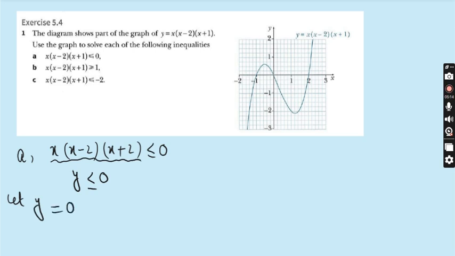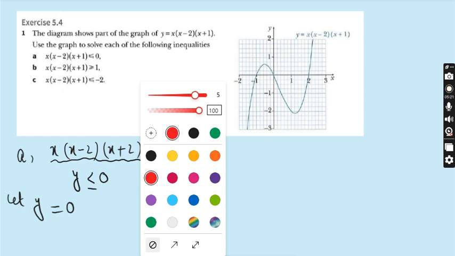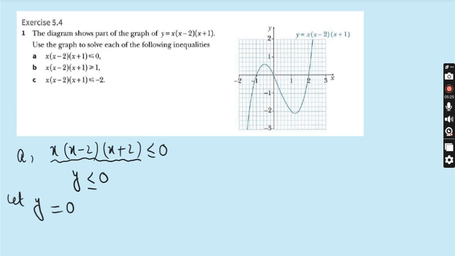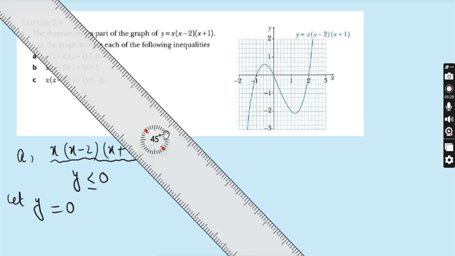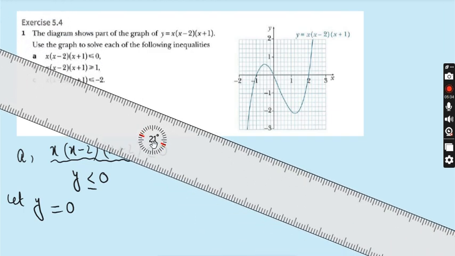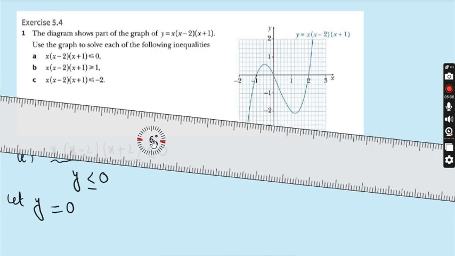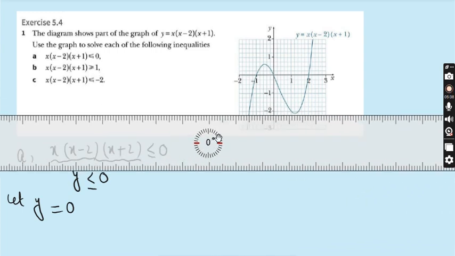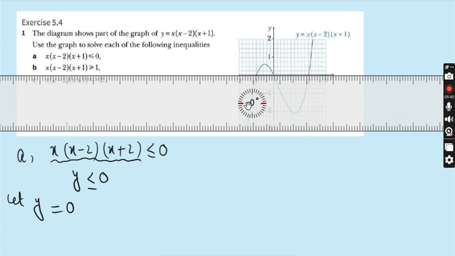Now let y equal 0. Draw the line y equals 0 in your graph. You know, the line y equals 0 means the x-axis, because on the x-axis the value of y is always 0. So I am drawing a line on the x-axis.